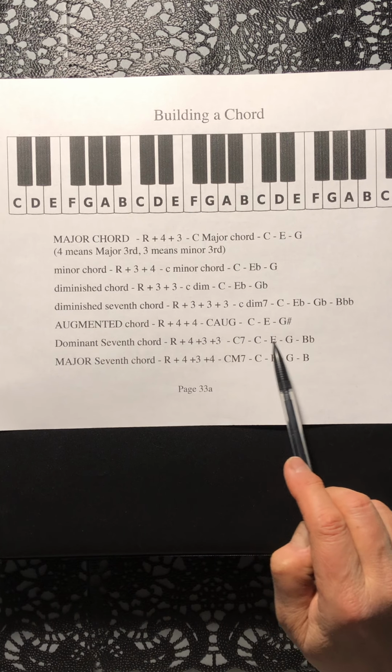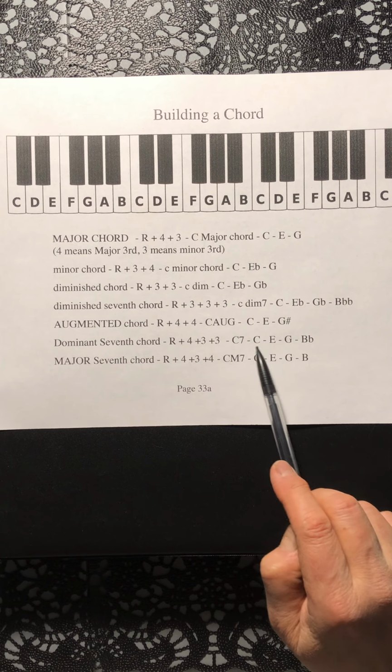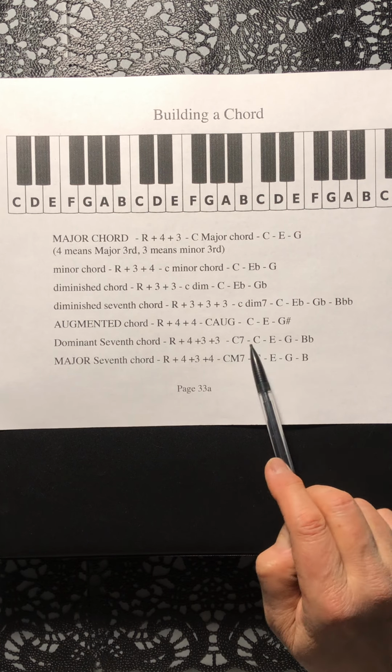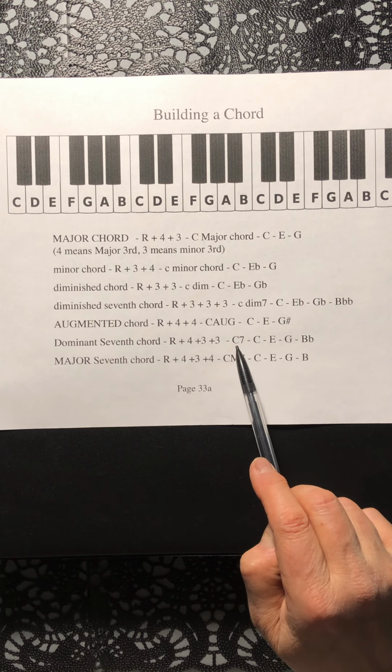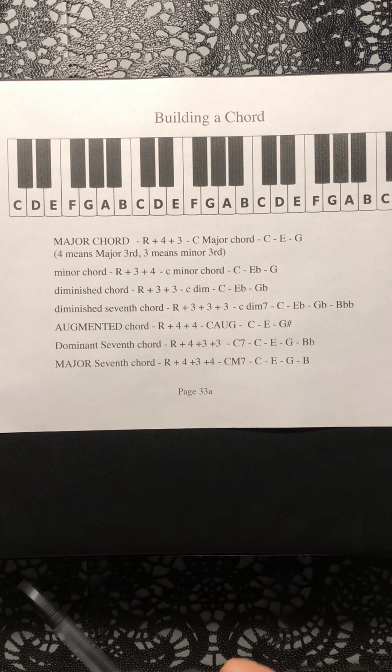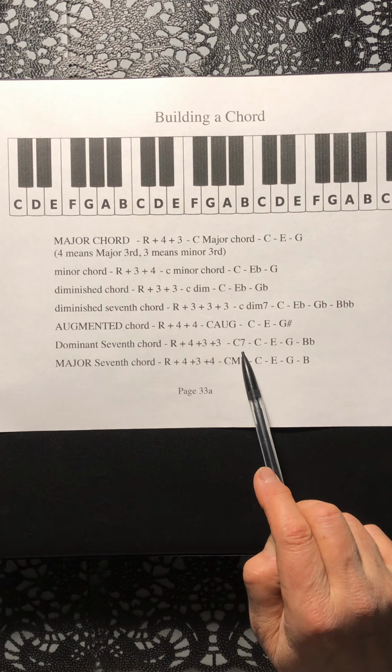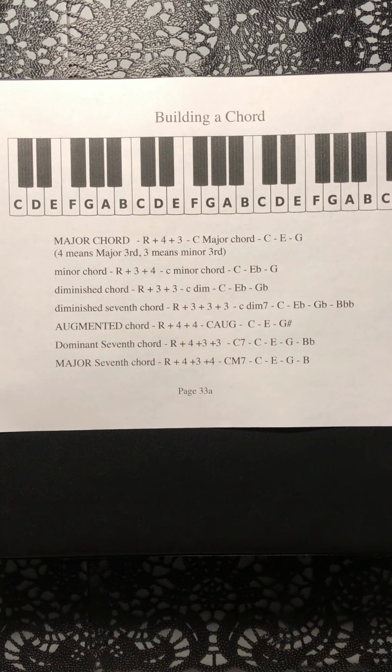From this note to this note is a minor 7th. But since it's in the scale, we don't need the minor 7th. It's understood that the dominant 7th chord will be just a 7.